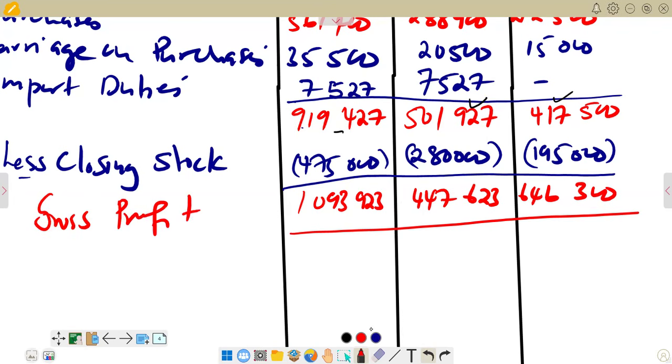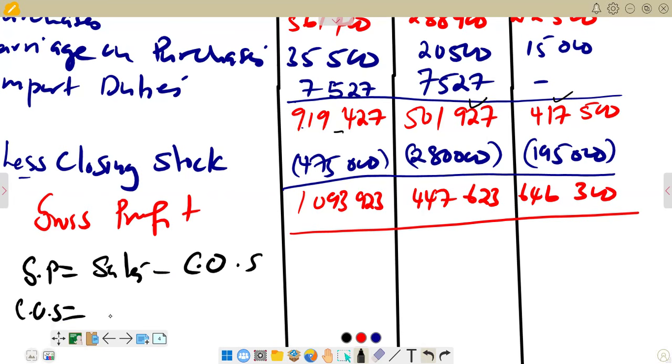gross profit. So remember, to calculate your gross profit, we are going to take your sales and subtract your cost of sales. Very important to take notes. To calculate your cost of sales, say opening inventory and purchases. You subtract purchase returns if they are there.